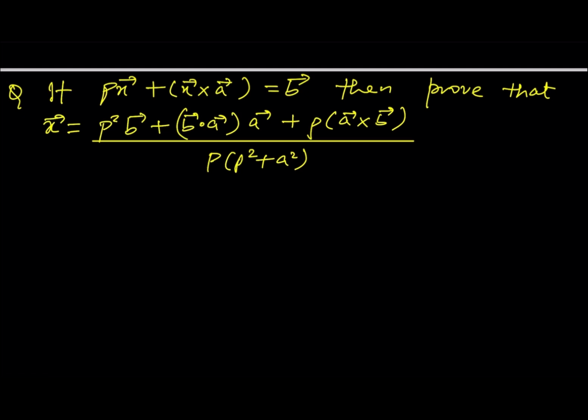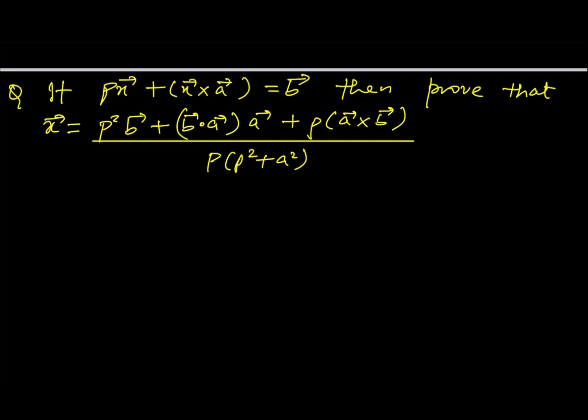So you can see this question is little bit different from other one we have discussed. But first thing which should come in our mind is that here cross and dot both are present. So again this question is of vector equation.